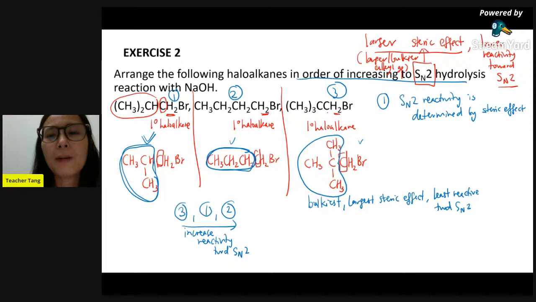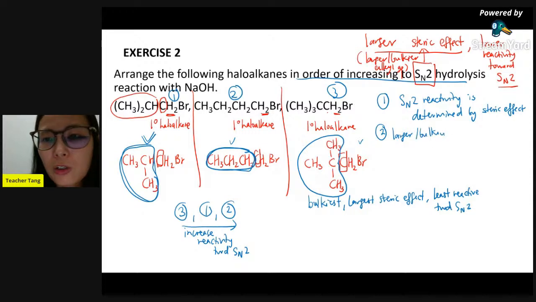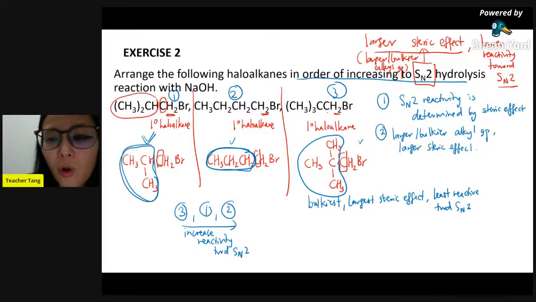You must say the larger or bulkier the alkyl group, the larger the steric effect, the lower the reactivity towards SN2.